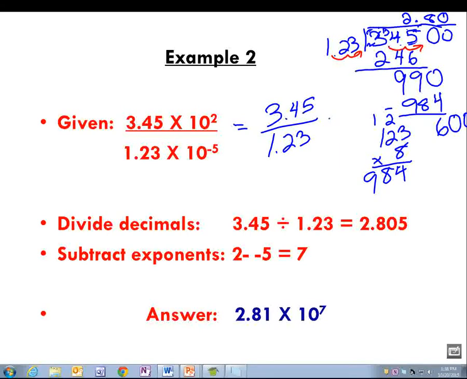605. I'll try 5. Darn, 4. So I got 123 times 4.